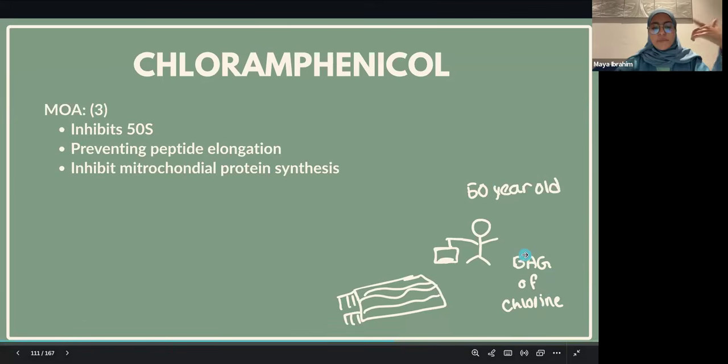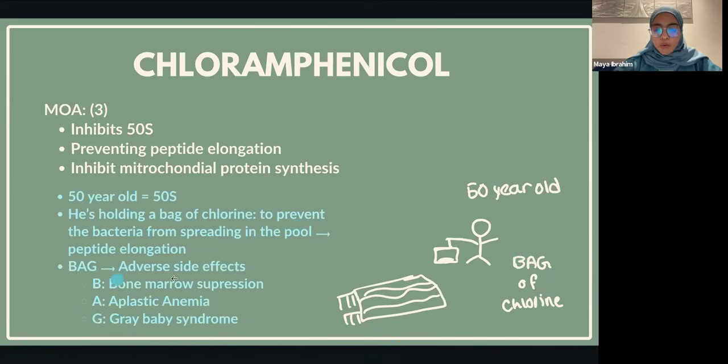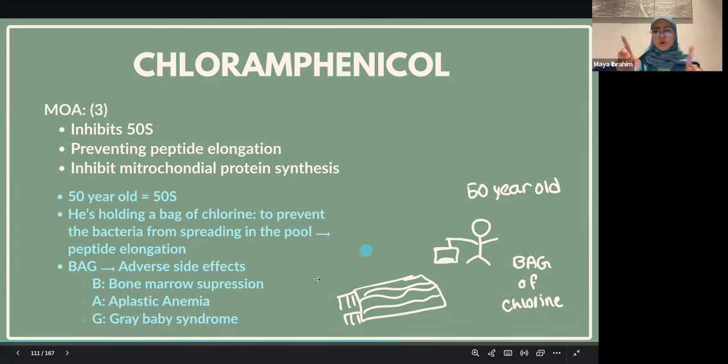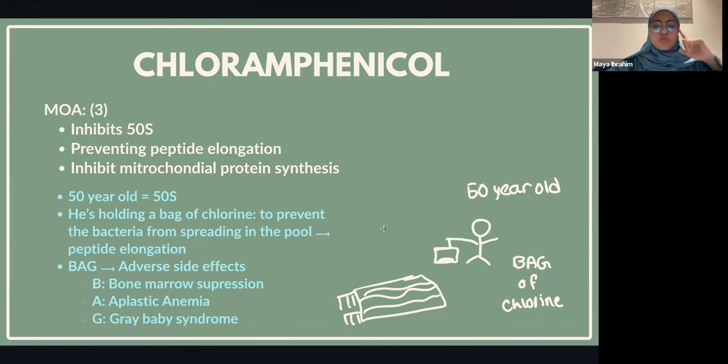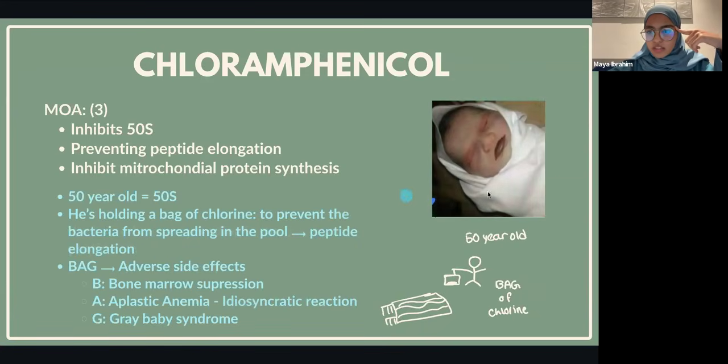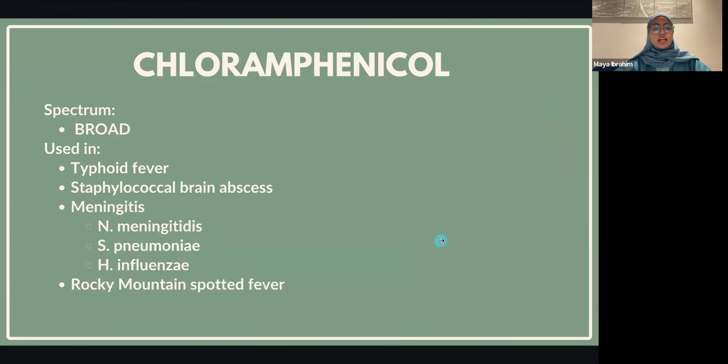Why bag? Bag stands for bone marrow suppression, aplastic anemia, and gray baby syndrome. The most important one that you need to remember is gray baby syndrome. This one's so repeated, and this is gray baby syndrome. They'll probably show you a picture of this, but this is how you remember chloramphenicol. Okay? Now the spectrum is broad and it's used in typhoid fever, staphylococcal brain abscess, meningitis, Rocky Mountain spotted fever.